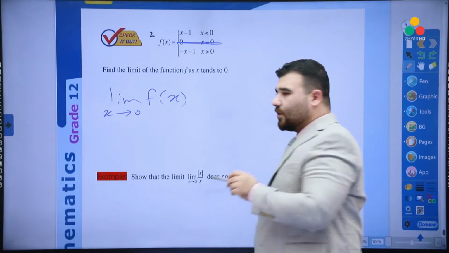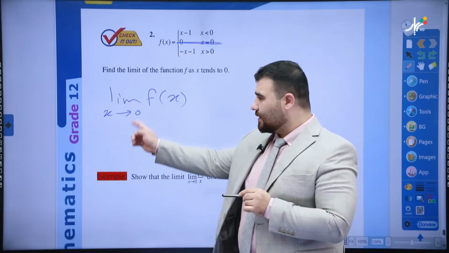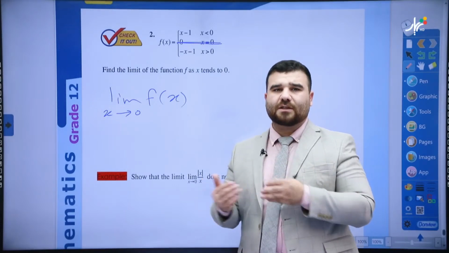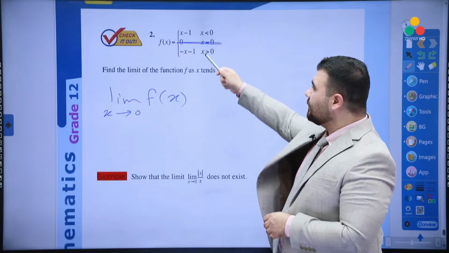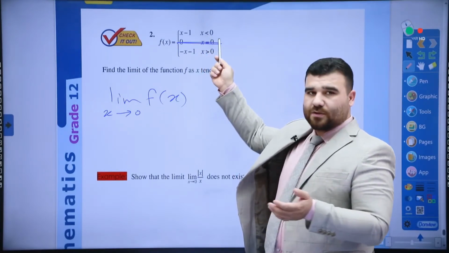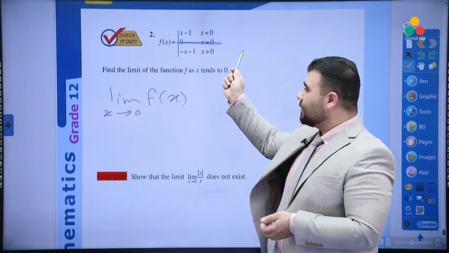We ignore this part. We don't want 0. For limits, we don't want this number directly. What we want are other numbers that get closer to it. Then we go with the left and right because there are two ways we can get close to 0. We can get closer to 0 on the left side or the right side.